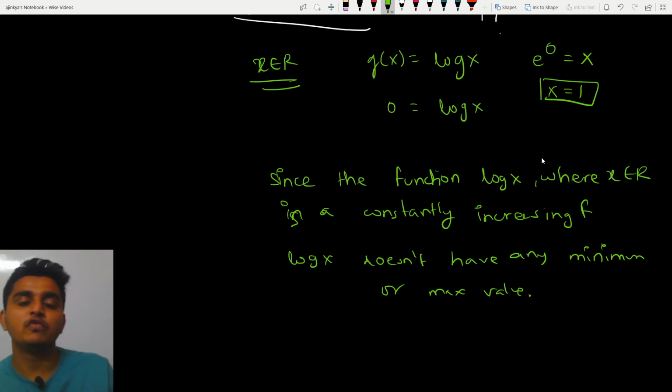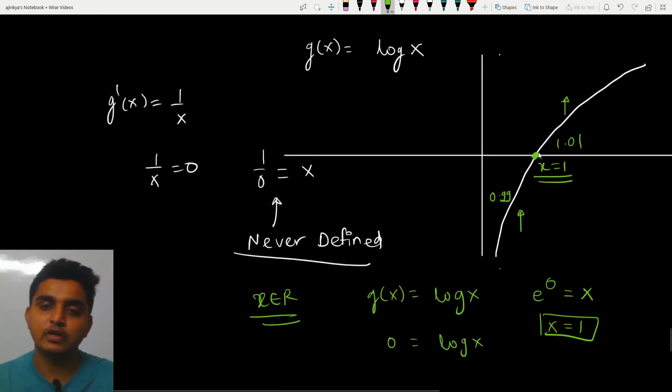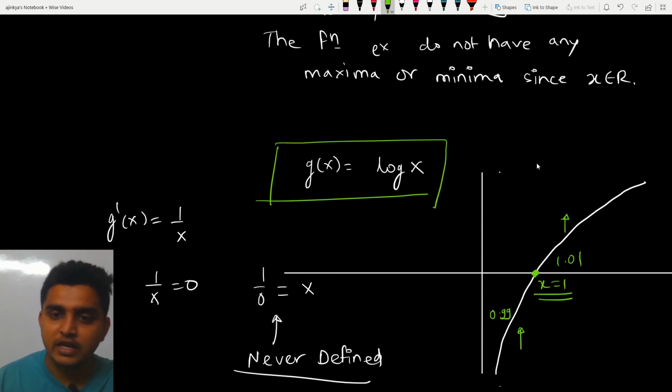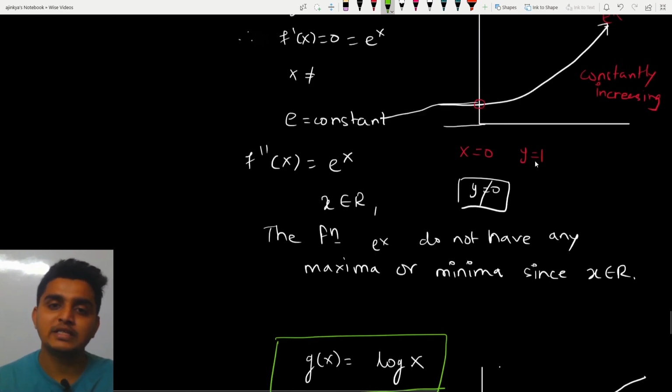So this is a proof for why this particular log of x function does not have any kind of minimum or maximum value.